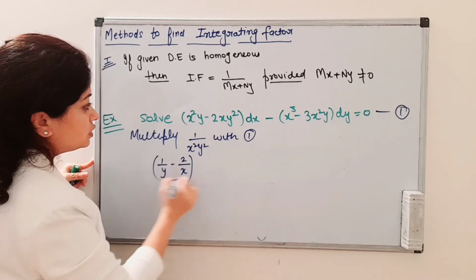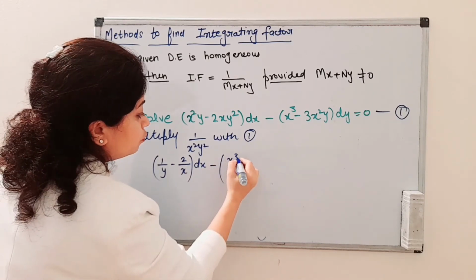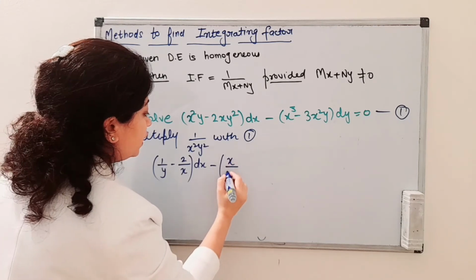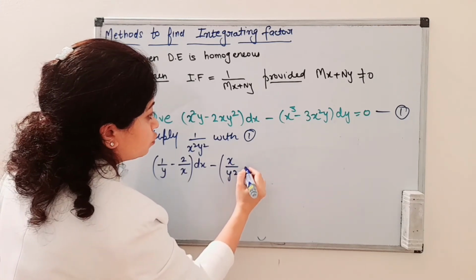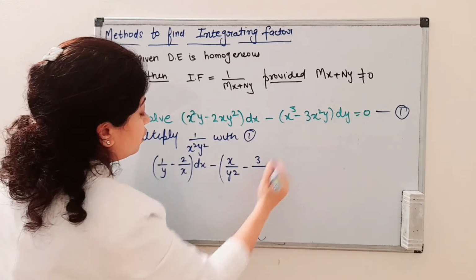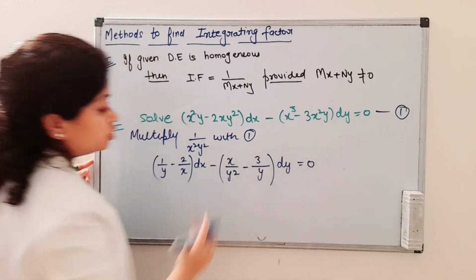Okay, this dx minus x cube upon x square y square. So we get x upon y square minus 3x square y, 3 upon y, dy equal to 0.